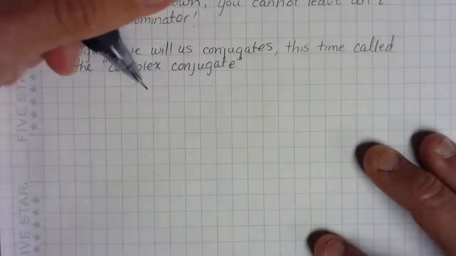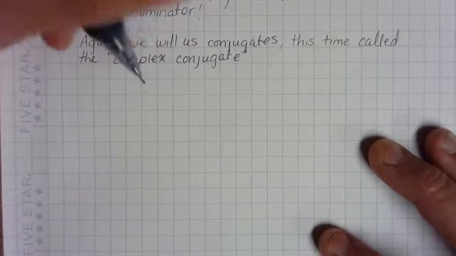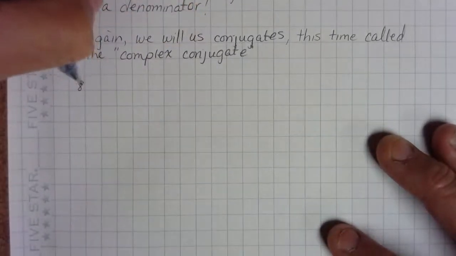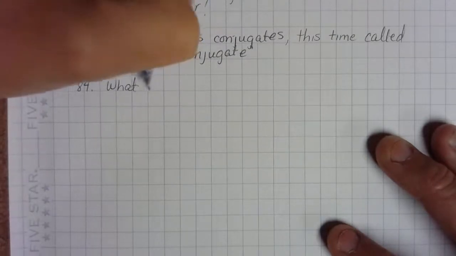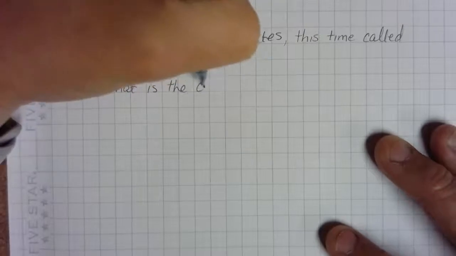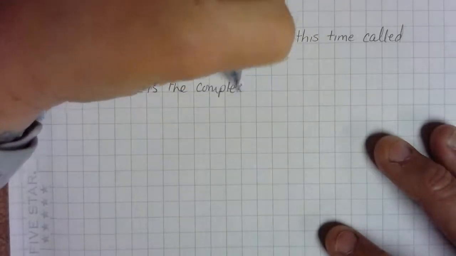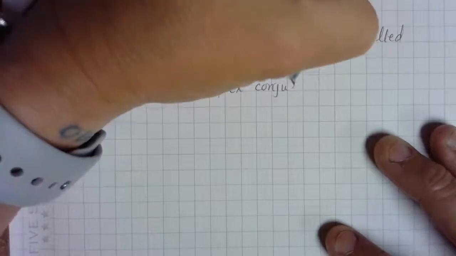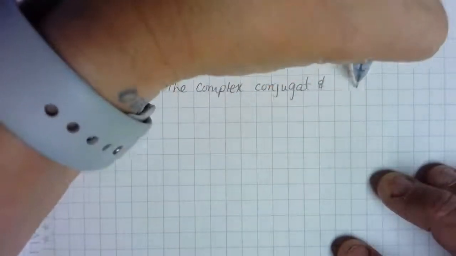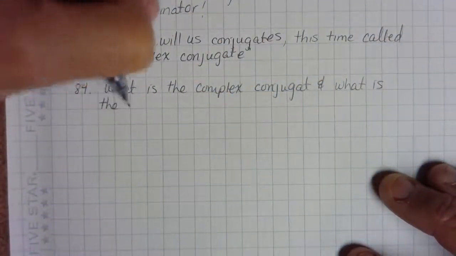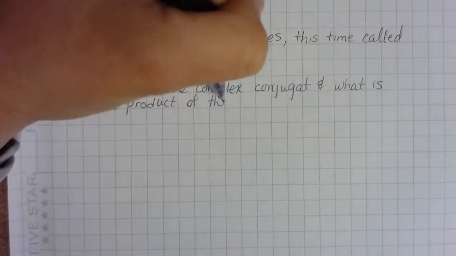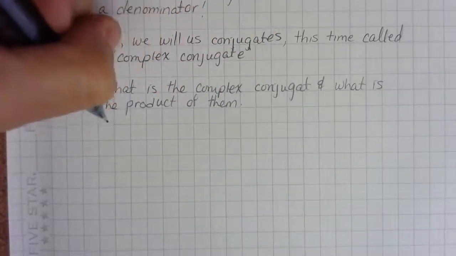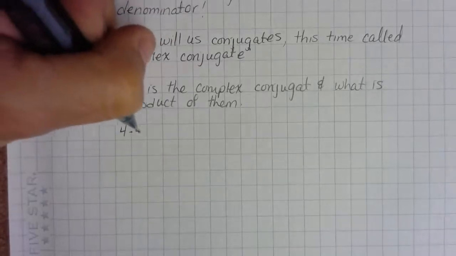So when we start on number 84, it just wants to know what is the complex conjugate and what is the product of them. So on 84, they give you 4 minus 5i.